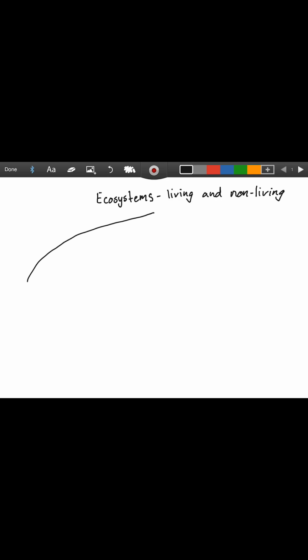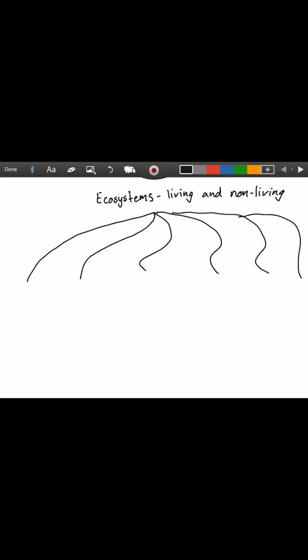And it's larger than a habitat. Okay, let me see. Habitats.